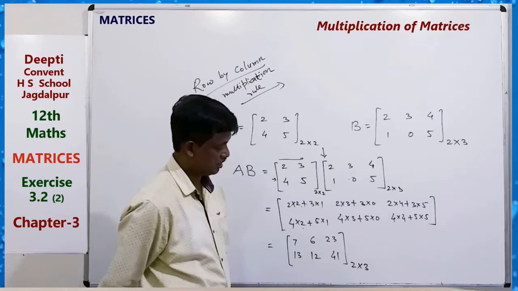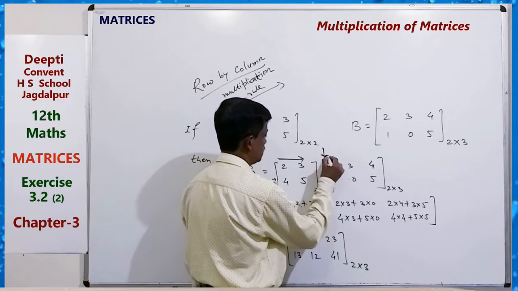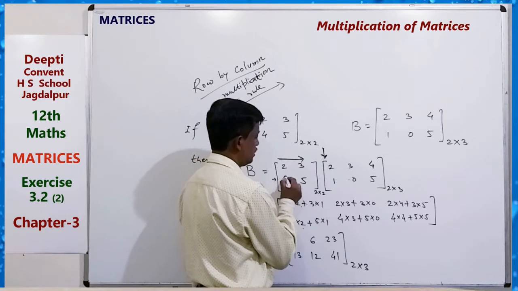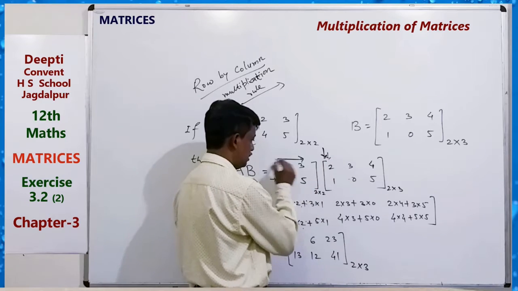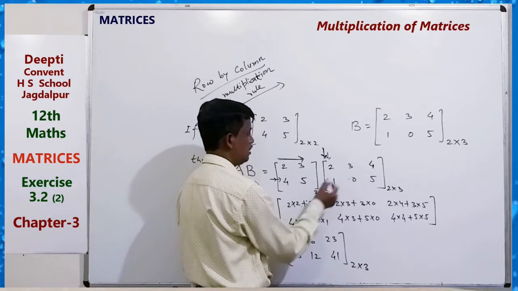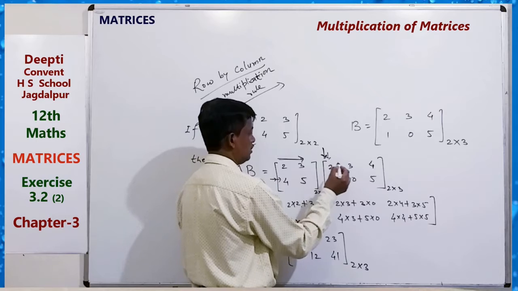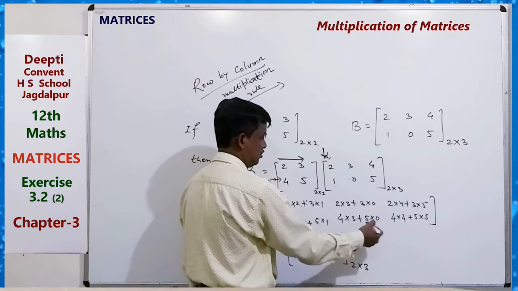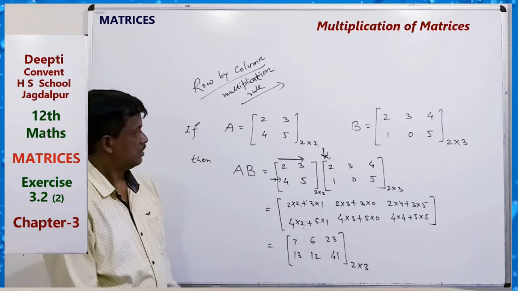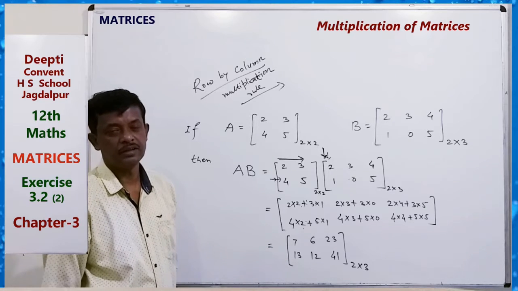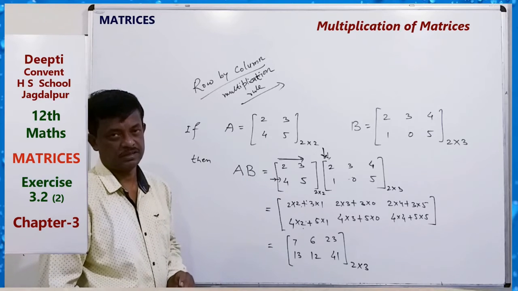So we can get it like this. Okay, this is the rule. This line with this column, this line with this column, so 6 times, giving a 2 by 3 matrix. This is the process of finding the multiplication of two matrices. Clear?